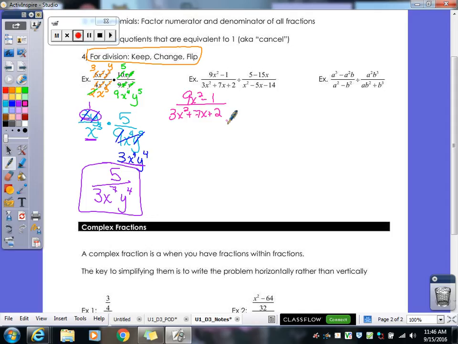I'm going to change my division to a multiplication, and I flip the second fraction. So there's our keep, change, flip.